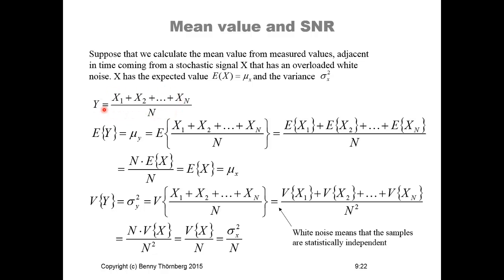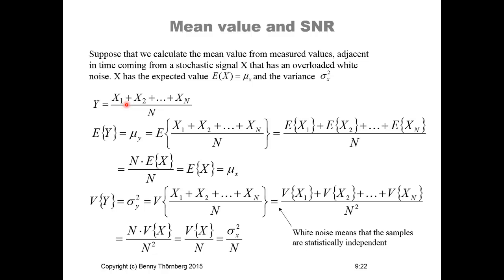Then you evaluate in the end what will be the corresponding relation between the signal and the noise for the new variable y if we do this. This new stochastic signal is computed out of n number of samples from the stochastic variable x.